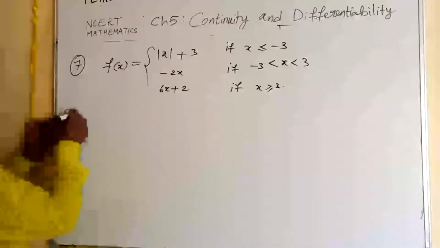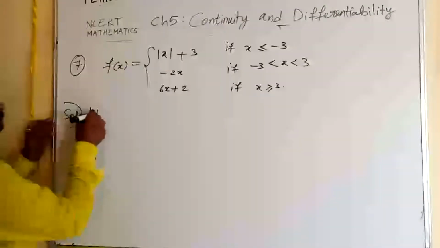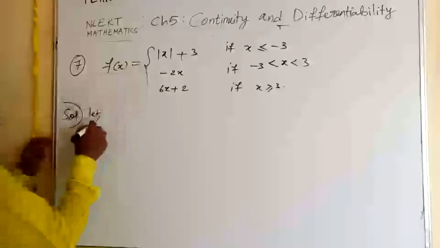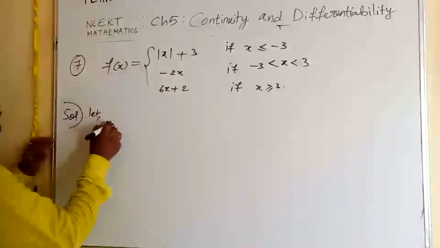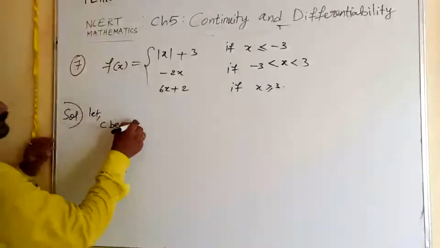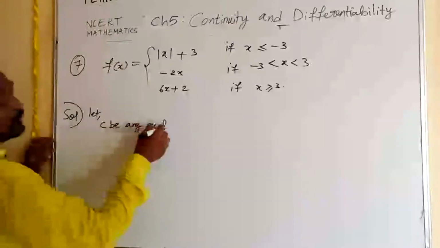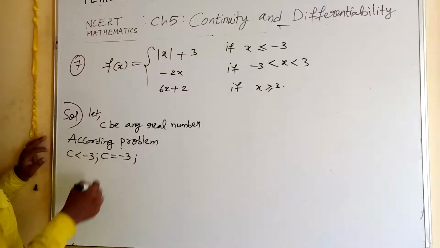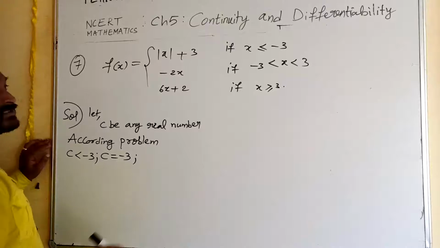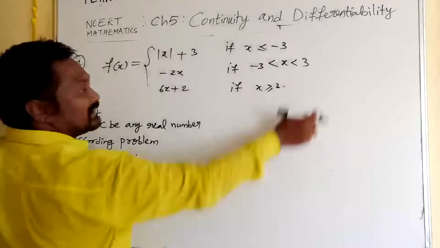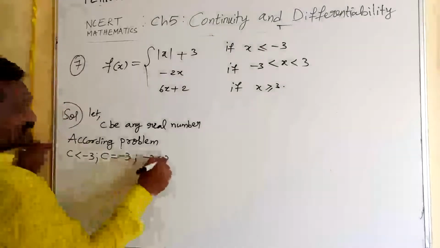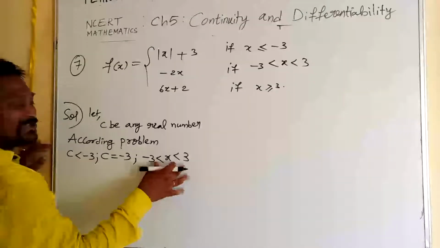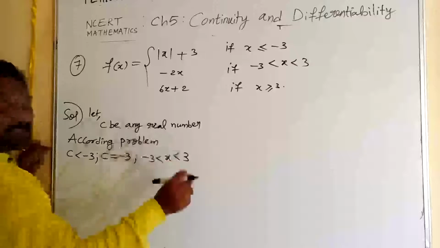So now the first solution: let c be any real number. So two cases, and the third case is the complete one, that is minus 3 less than x is less than 3. That means in between minus 3 to 3, what is the function? Is the function continuous or not continuous?